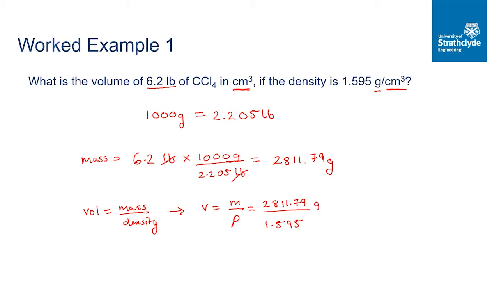Here we write our grams and our grams per centimeter cubed. Our grams will cancel out. Our centimeters: 1 divided by 1 over centimeters cubed is the same as centimeters cubed divided by 1. Hence, the units end up as centimeters cubed. Doing the numerical calculation, we obtain 1762.9 centimeters cubed.